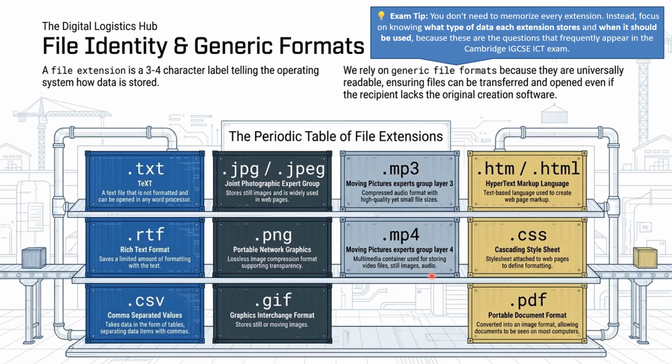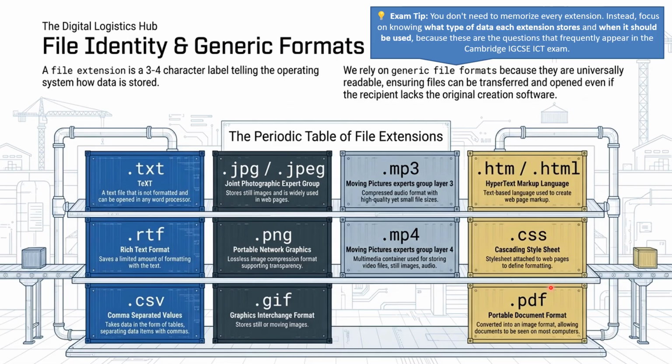Finally, on the right, we have some web and document formats like .html or HTML, which stands for Hypertext Markup Language, is used to create the structure of web pages, and .css, which stands for Cascading Style Sheet, controls the appearance of those web pages, including colors, fonts, and layout.